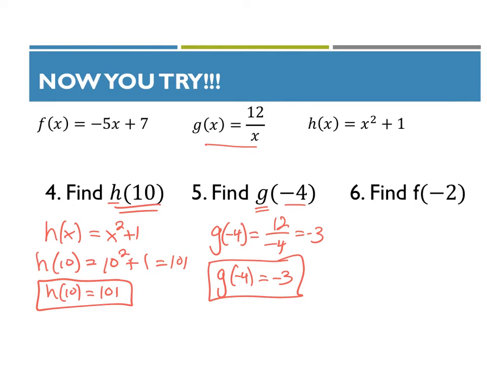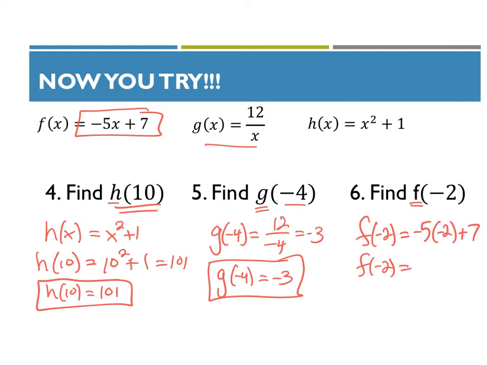And then for the last one, notice we're pertaining to f of x, and f of x is negative 5x plus 7. And so f of negative 2 would be negative 5 times negative 2 plus 7. And it looks like we get f of negative 2 equals positive 10 plus 7, which is 17. And so remember that these all pertain to points in the coordinate plane of these functions themselves.